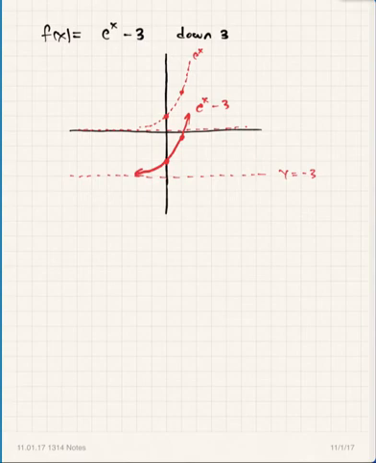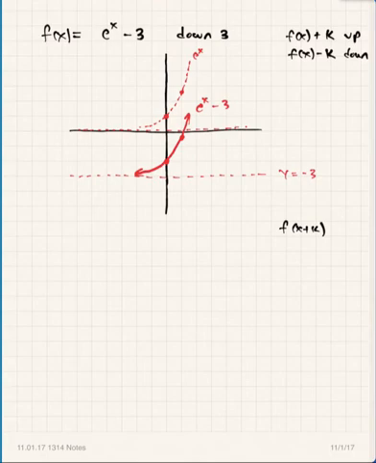All right. Now, don't forget, so remember that what we're using here is the fact that f of x plus k and f of x minus k shift the graph up, and they shift the graph down. Also, don't forget that if you have f of (x plus k) like this, you have a shift to the left.